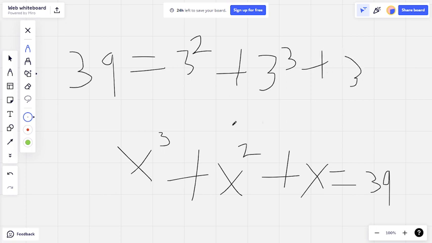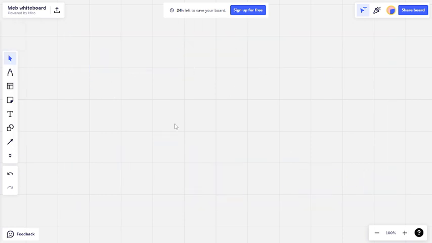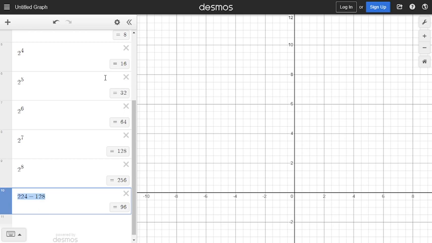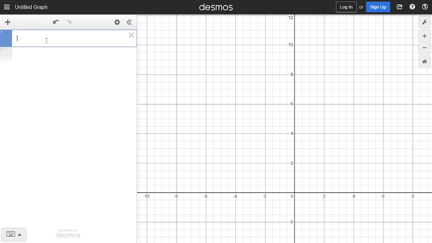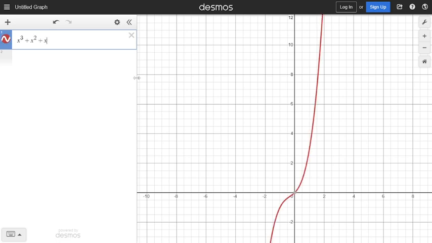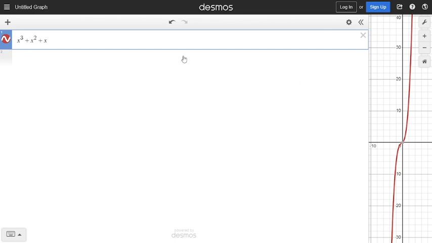So then that means that x cubed plus x squared plus x equals 3 cubed plus 3 squared plus 3, right?